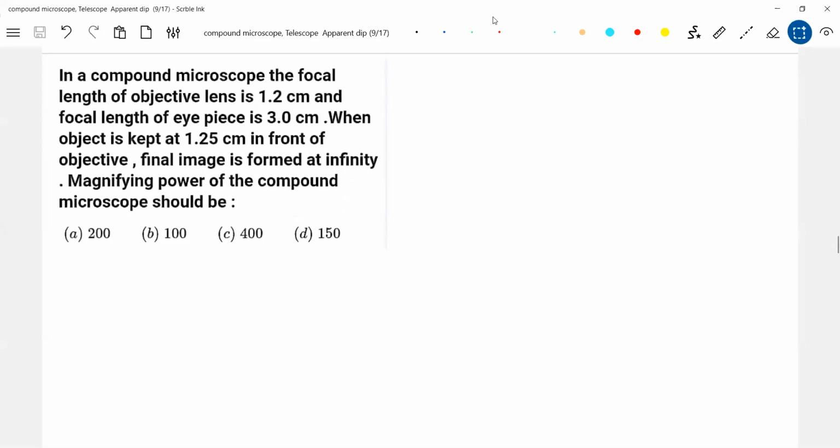Okay, this is a compound microscope. When the object is kept at 1.25 centimeter in front of the objective, the final image is formed at infinity. Find the magnifying power of the compound microscope. So the overall diagram is like this.